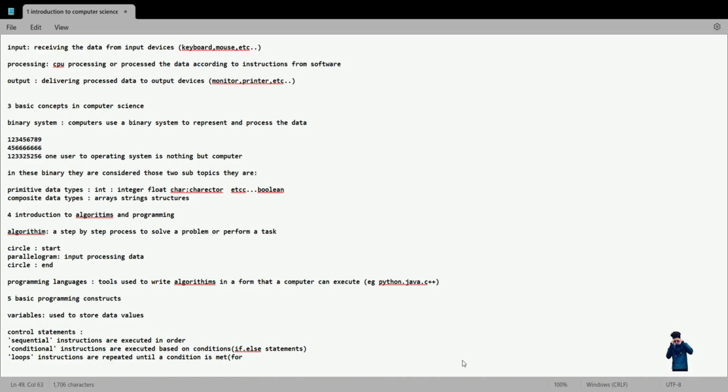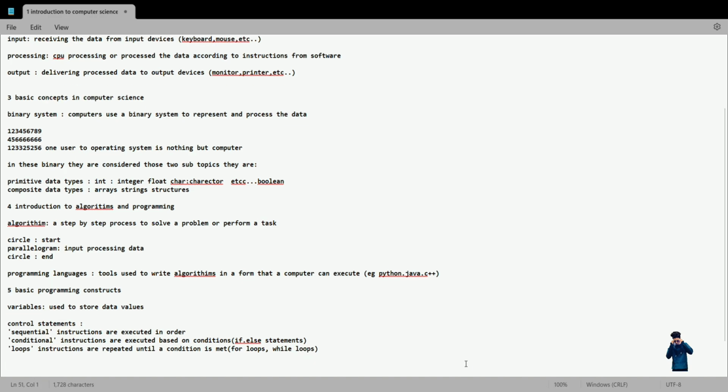For this, we use for loops, while loops. So this is the way to understand control statements. Control statements are also called control structures.